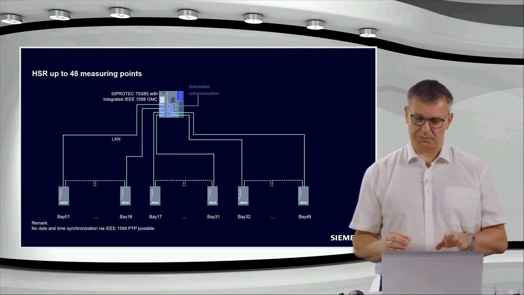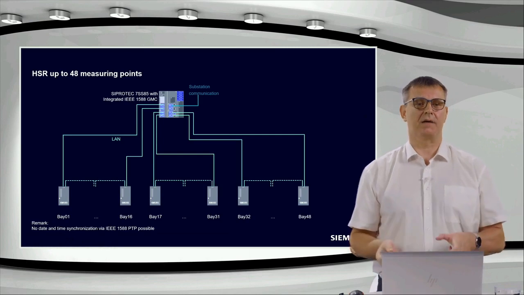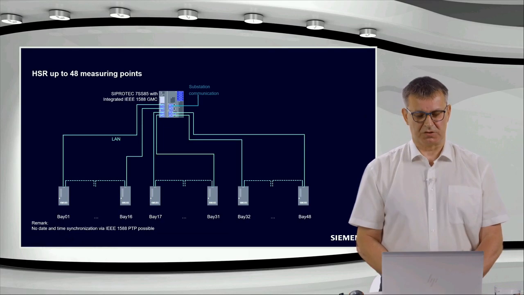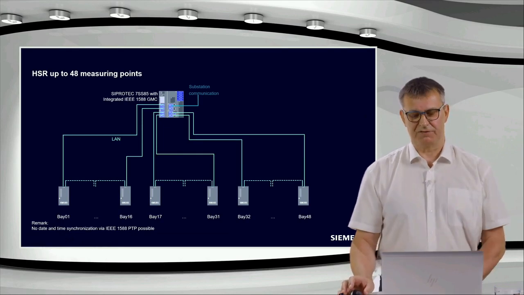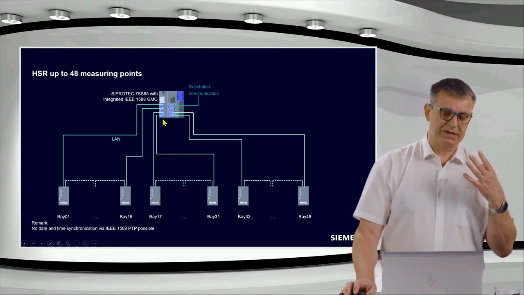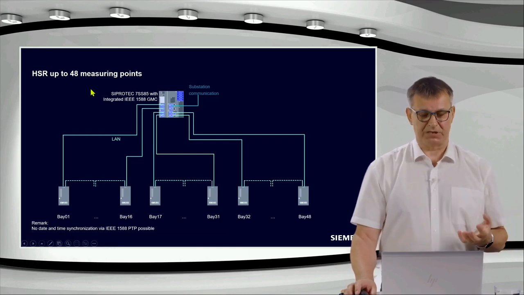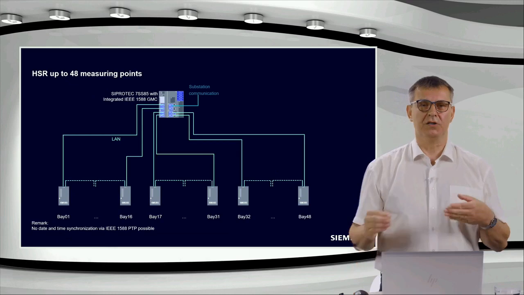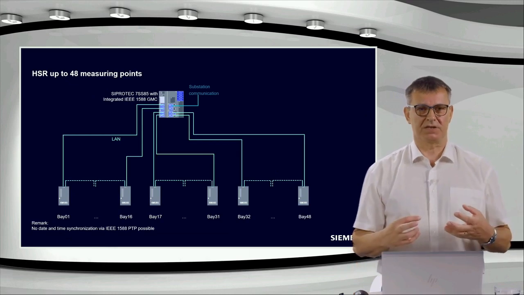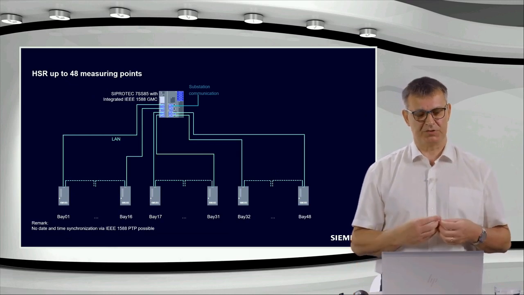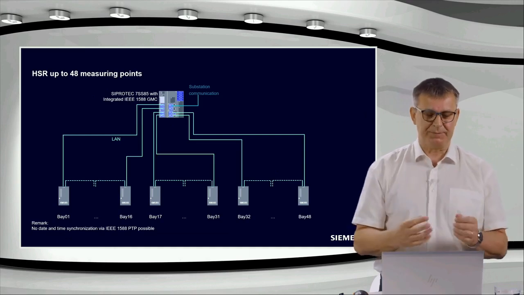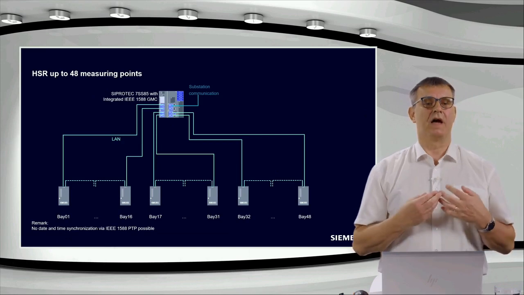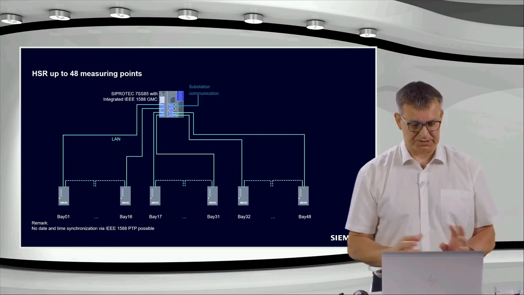Each communication topology I will explain now is applicable for both ways of distributed busbar protection. Of course, the first one here, HSR up to 48 measuring points, will be only possible for the fully distributed busbar protection, but the same topology for the IEC compliant solution will be applicable for up to 24 measuring points. So that's the only exception.